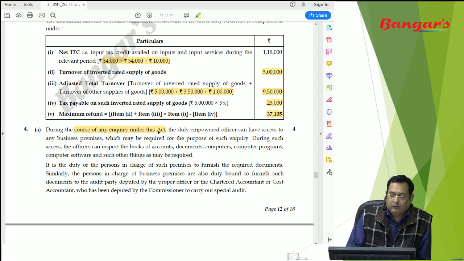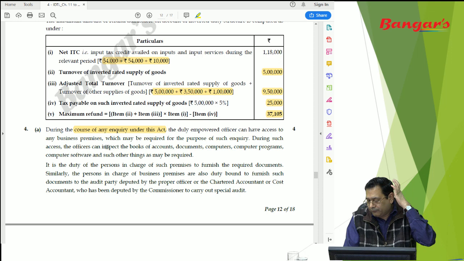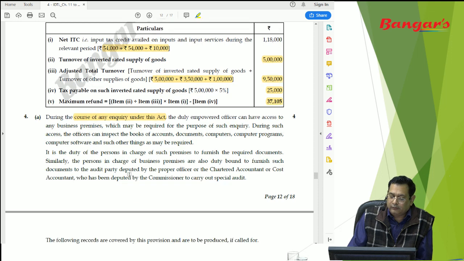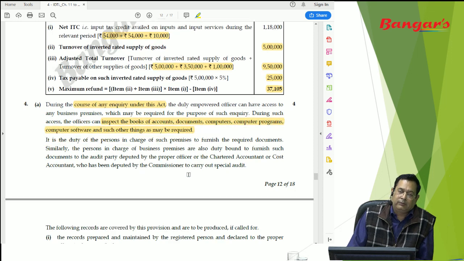under the Act, the officer empowered has access to the business premises. Besides this, the concerned persons who are being given access, that is officers or say chartered accountants or cost accountants who have been appointed for conducting special audits, or the officers deputed by the commissioners, they will have access or they can inspect the books of accounts, documents, computer programs, computer software, and other things as may be required.